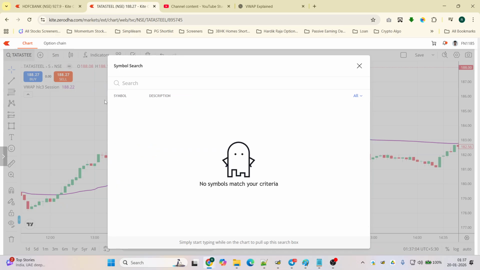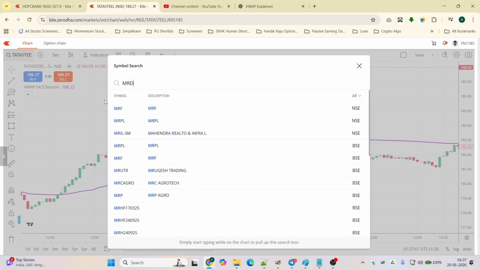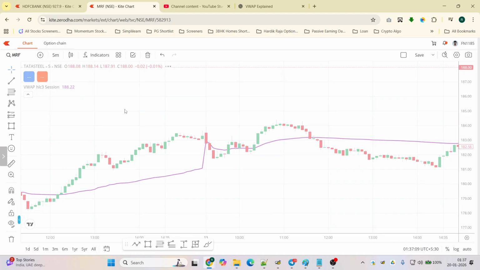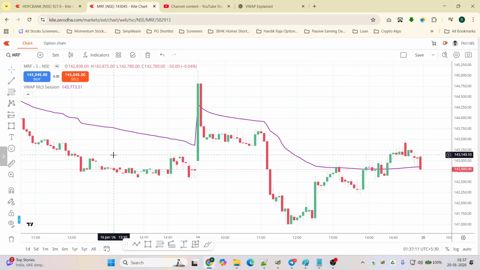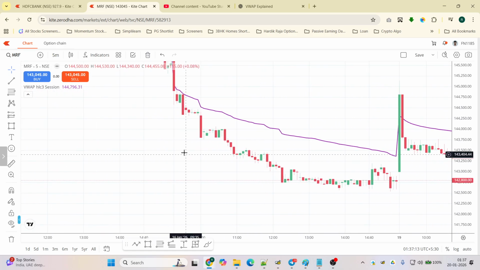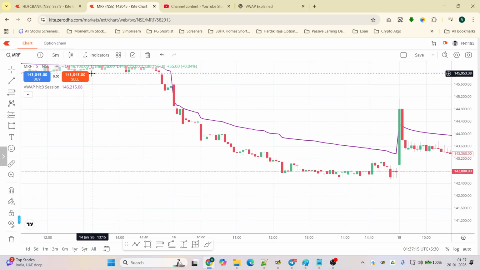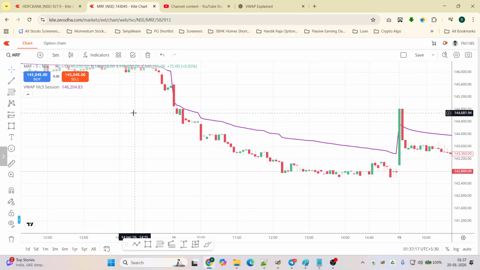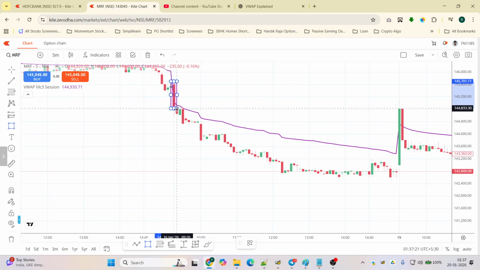Let me take an example of, let me say, MRF, and see guys, you can see here, this is again on the same 5 minute chart. This candle has closed below the VWAP, and the next candle has again closed lower than the previous candle's low.